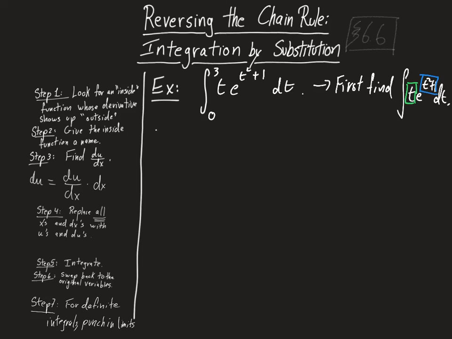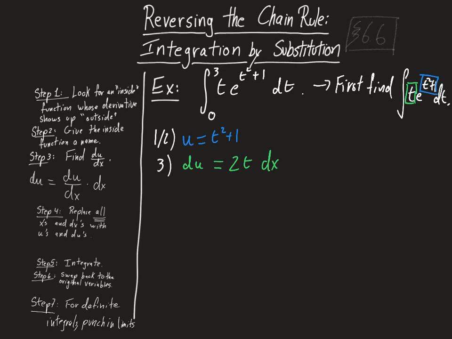Okay, so steps 1 and 2: we're going to set u equal to t squared plus 1. Now step 3, we need to find du. du is going to be equal to the derivative of t squared plus 1, which is 2t dt.